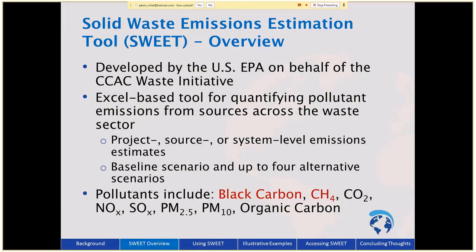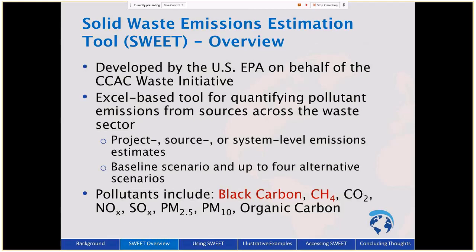The tool is designed to account for emissions of, first of all, black carbon and methane. Those are the two SLCPs that we are primarily interested in with the CCAC. But it also accounts for co-emitted pollutants, including carbon dioxide, NOx and SOx, particulate matter, and organic carbon. Organic carbon, like black carbon, is a component of fine particulate matter, but it has very different properties or atmospheric effects.